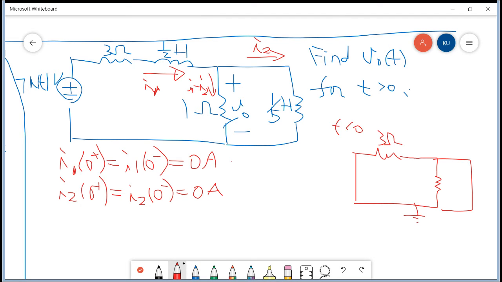There is no source, and this is an inductor, so it is a short circuit. This is also a short circuit. So there is no source, so of course there will be no current at all in I1, I2.